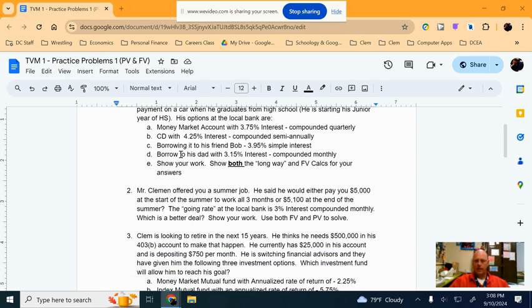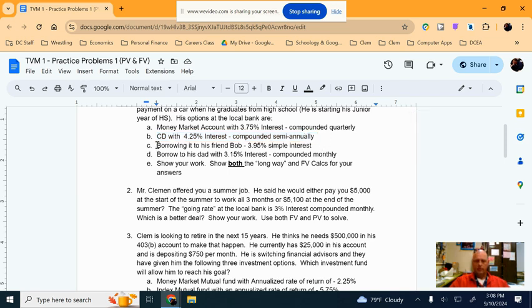And he has several options. He's got a money market account that will give him interest every quarter, or compounded quarterly, at 3.75% interest. Another option is a certificate of deposit that's going to give him more interest, 4.25%, but it's only going to be compounded every 6 months, or semi-annually.